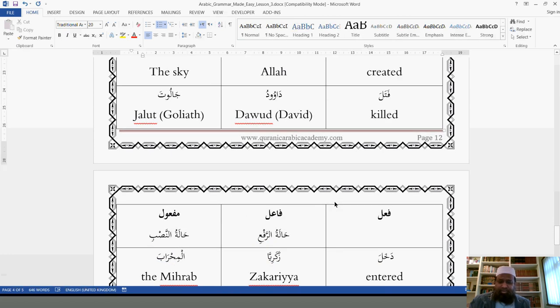Okay. Next. Dakhala Zakariya al-mihrab. Dakhala, entered. Zakariya is the doer, the fa'il. It will be in halatul rafa, and halatul nasb al-mihrab, it is a fatha. Now you may be thinking the name Zakariya, we see a fatha there. Yeah.